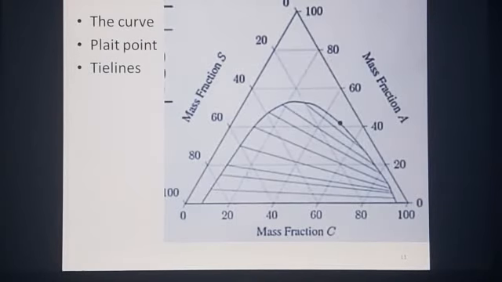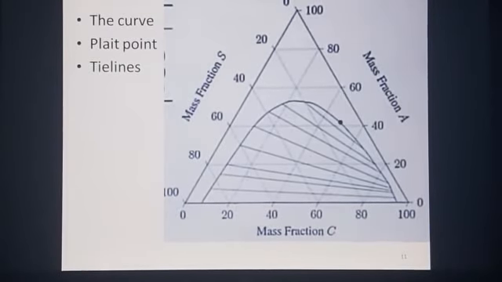same stage. Okay, for a single stage, since we have a single stage, our extract and raffinate will be in equilibrium, and so can be joined by a tie line. For multiple stage systems, the raffinate and the extracts in equilibrium will be from the same stage.